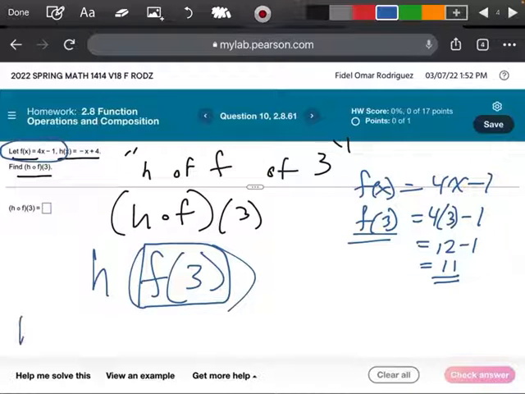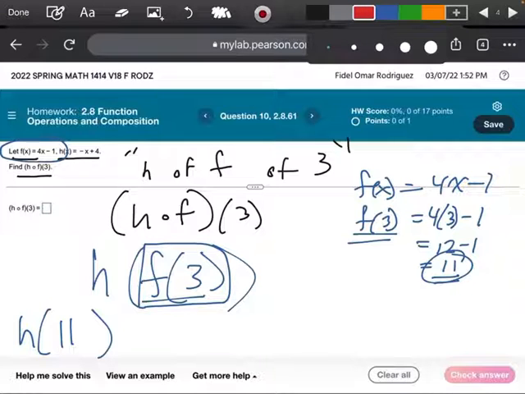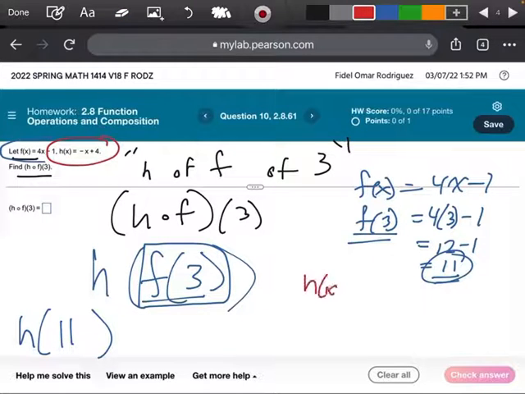So what I'm going to do now is find h of f of 3, which we just found to be 11. We also know that our h of x is equal to a negative x plus 4.